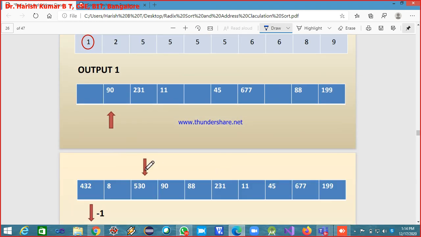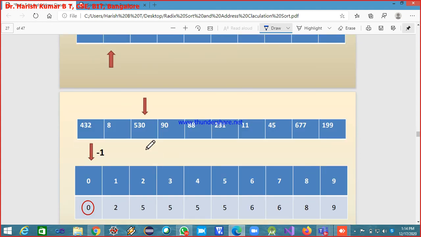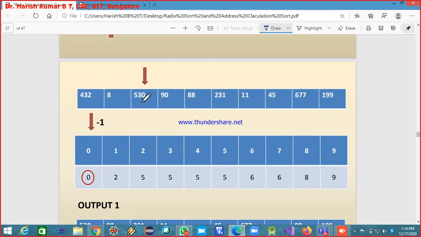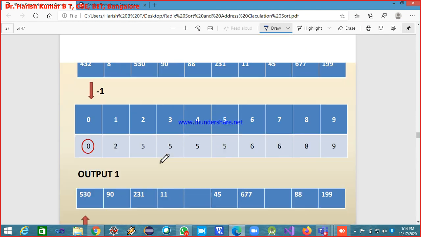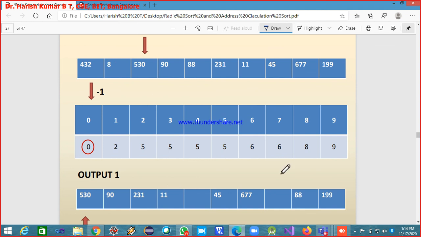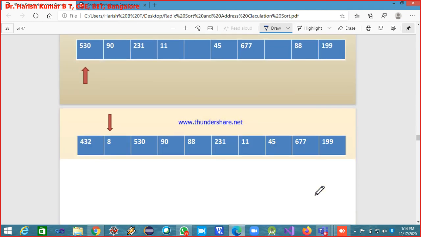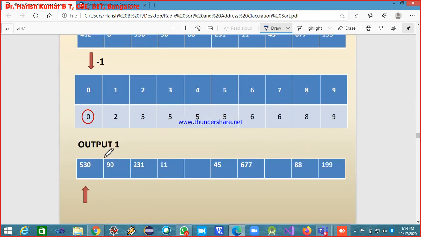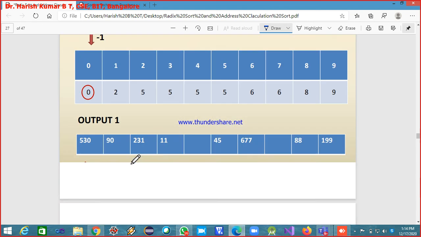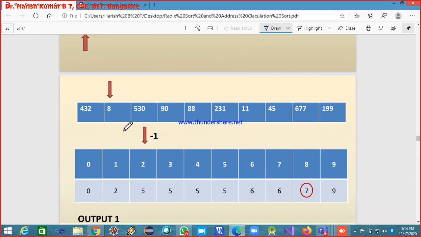Similarly, 530 also has 0, so it takes position 0. Then 8 it is. You can see here this one is 8, right?